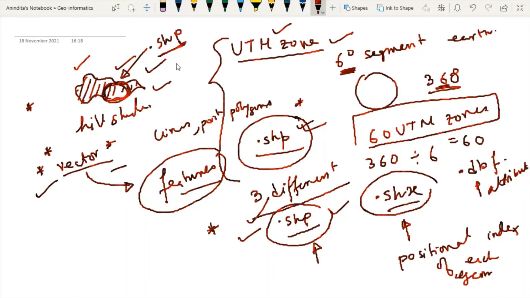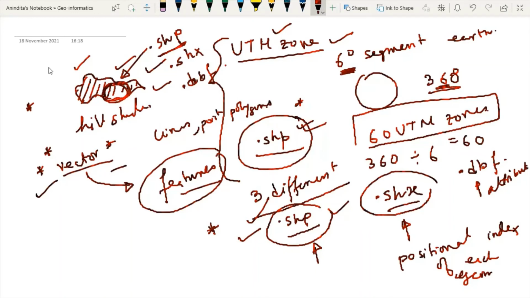In the same folder, you should have the positional index file, the .shx file, and also the attributes of this image, the .dbf file. You have to always keep this in mind.